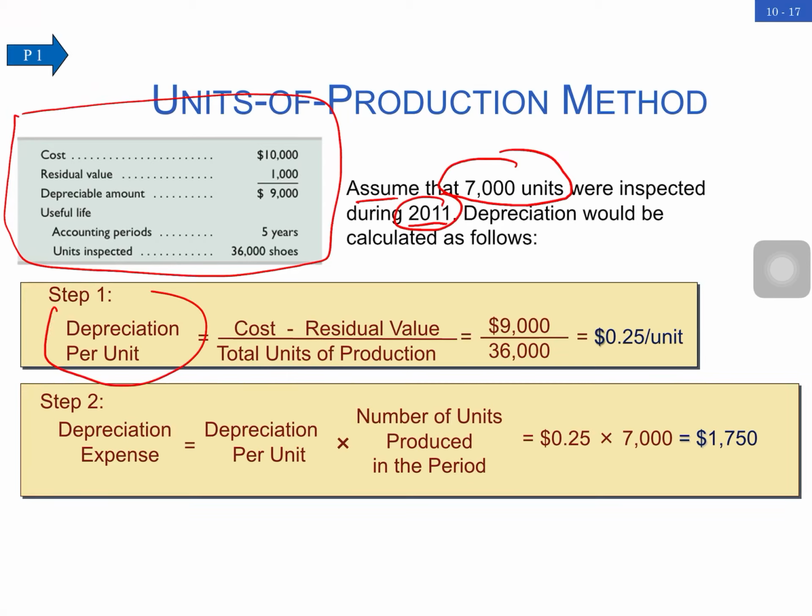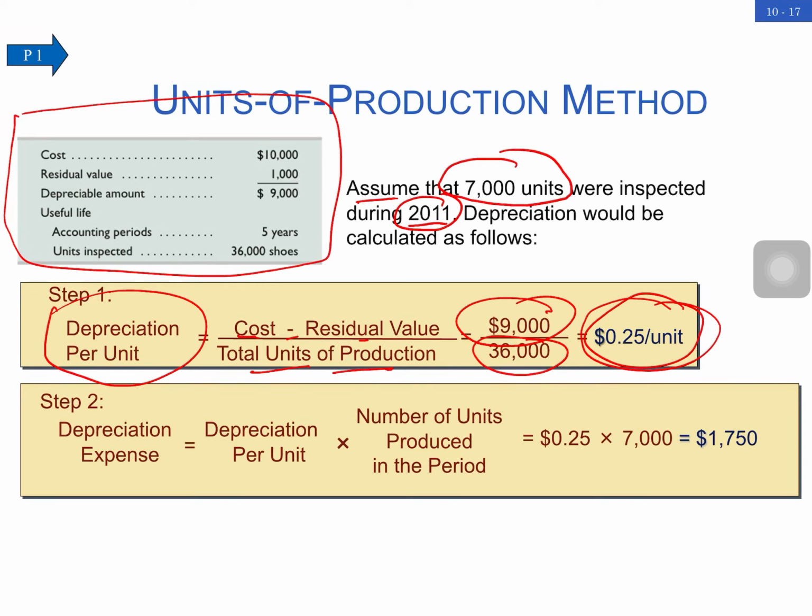Okay. First, calculate the depreciation per product, per shoe. So cost minus residual value, 9,000, and total units of production, 36,000. Meaning that the machine will be depreciated for $0.25 per shoe. Okay.